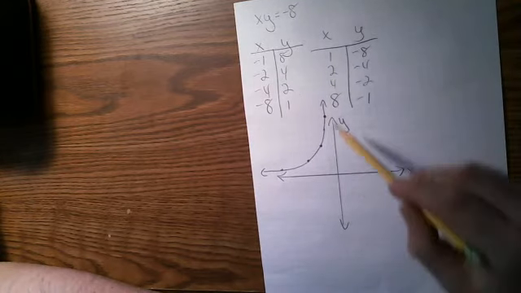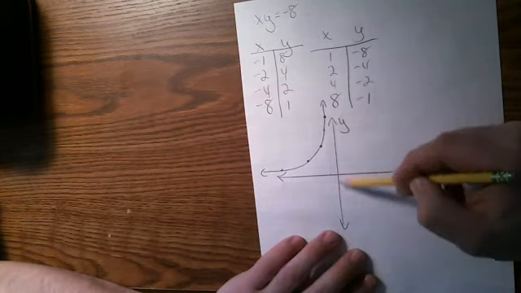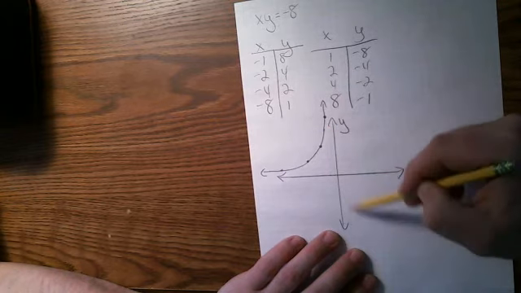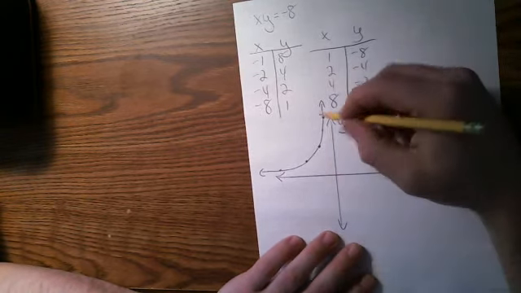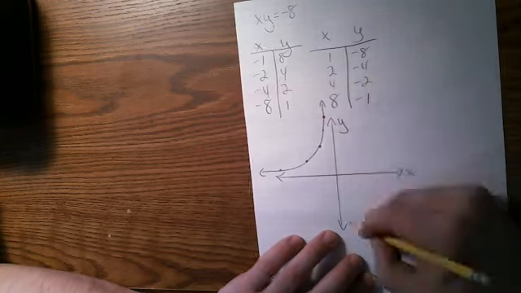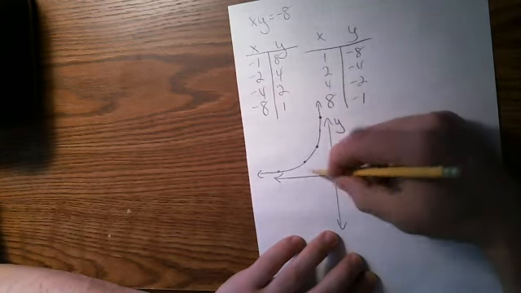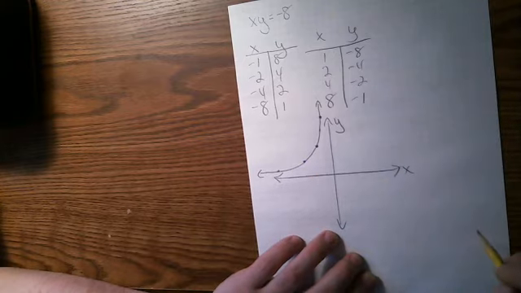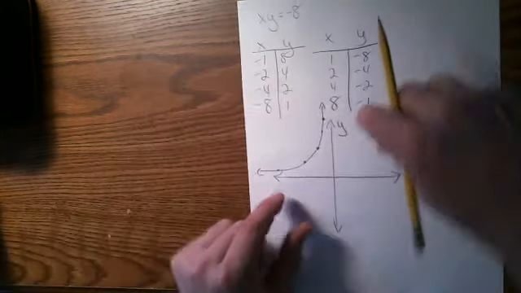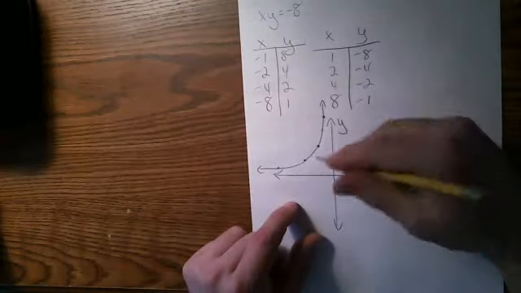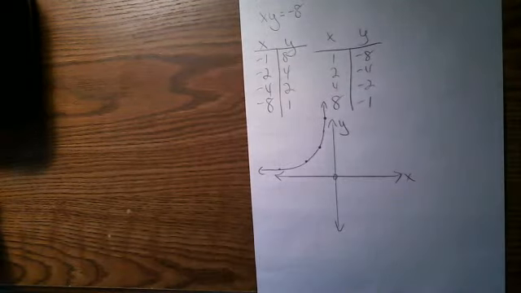And inverse variation graphs have point reflection, point symmetry with respect to the origin. So this ordered pair reflected through the origin will end up down there. This ordered pair reflected through the origin will end up down there, through there, and over there. Therefore, they're always in opposite quadrants because of the point reflection with the origin.